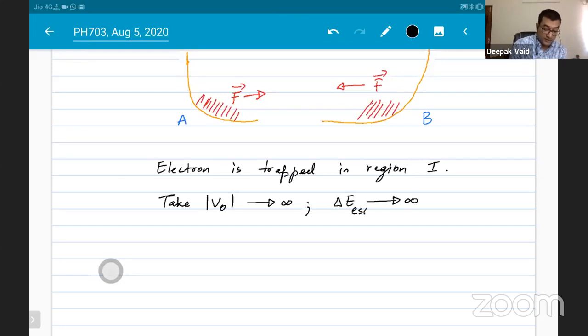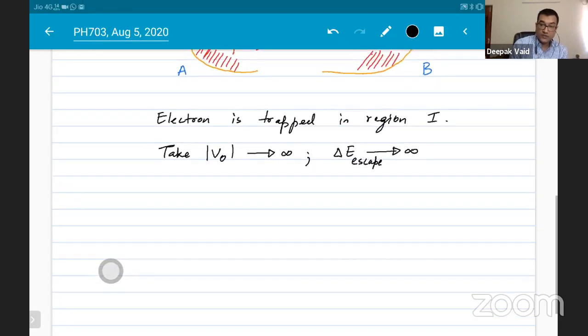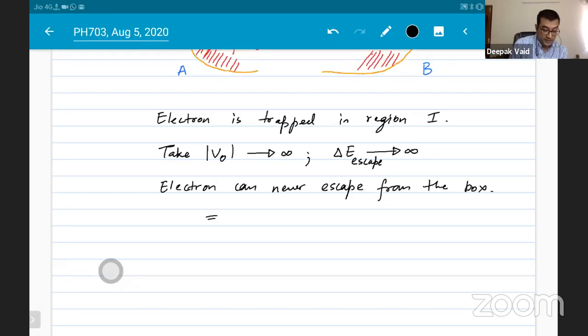So this is the escape energy. Then what happens? The electron can never escape from the box. And this is what we call a particle in a box.